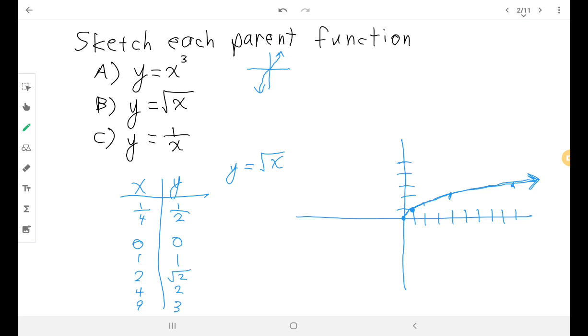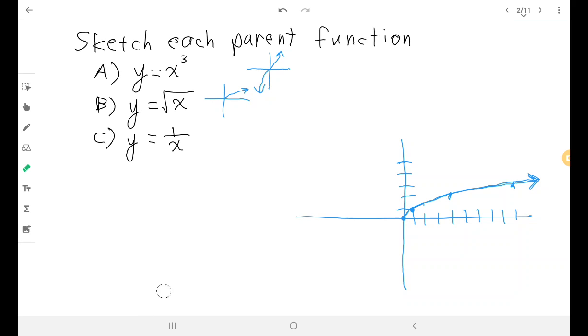And so this is the full thing, and we've got this end point here, and that's just how square root functions are. They just start from there and curve up a little bit at a time. So that is the parent square root function.